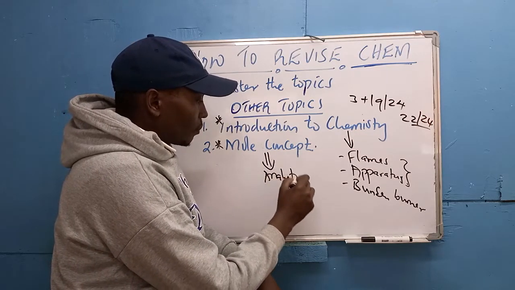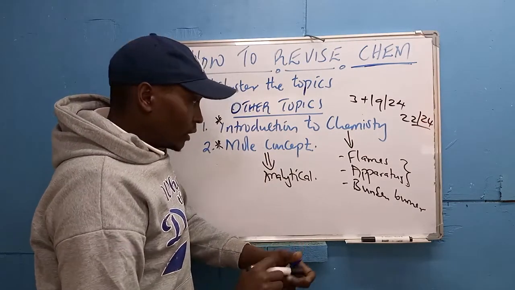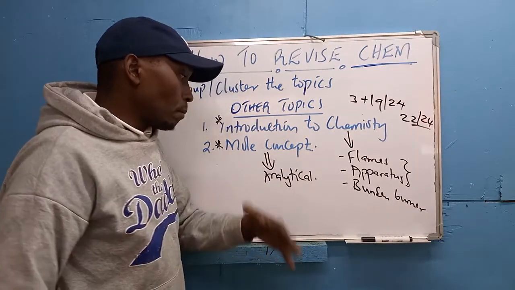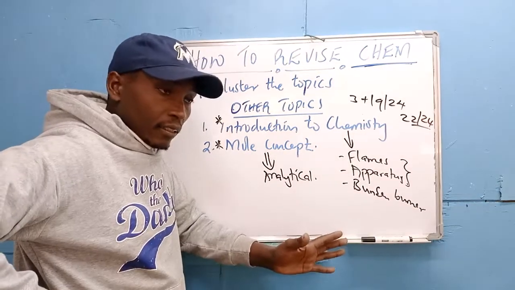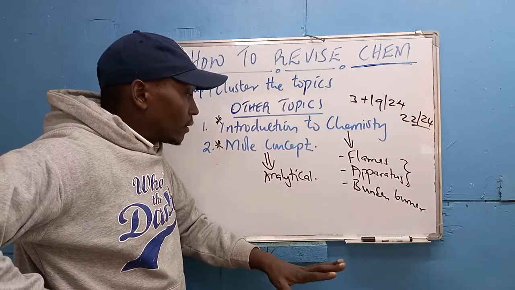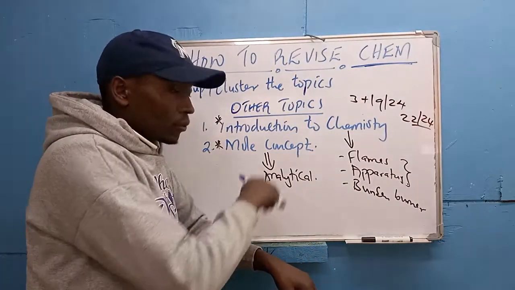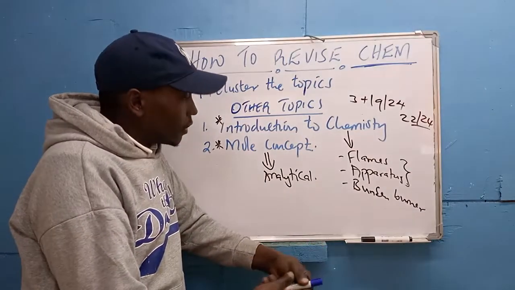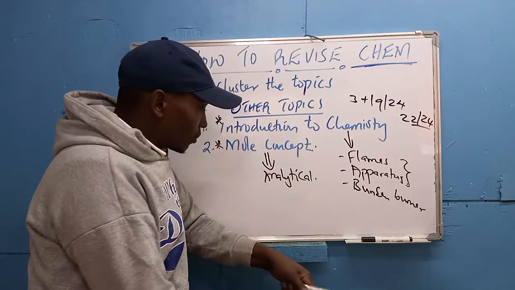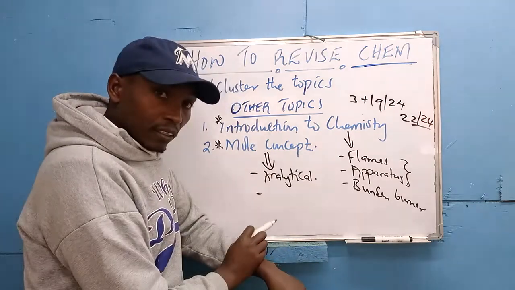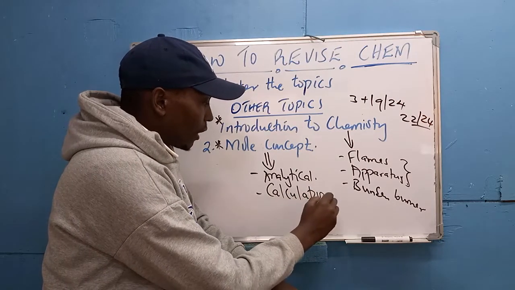It is more of analytical chemistry, because consider paper 3. Paper 3 is all about analysis. If you're talking of quantitative analysis, that is all about the mole concept. So this is a topic that has a lot of calculations. Apart from analytical skill, the student also needs to be conversant with calculations.